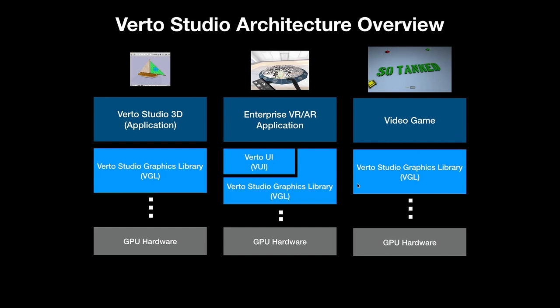And if someone else is using the Verto Studio graphics developer libraries, VGL and VUI, they should not have to worry about the implementation details of the graphics library underneath. They should just know that this is going to work anywhere. So you can think of this as a more native, lightweight, faster alternative to game engines like Unity and Unreal that's more enterprise focused.